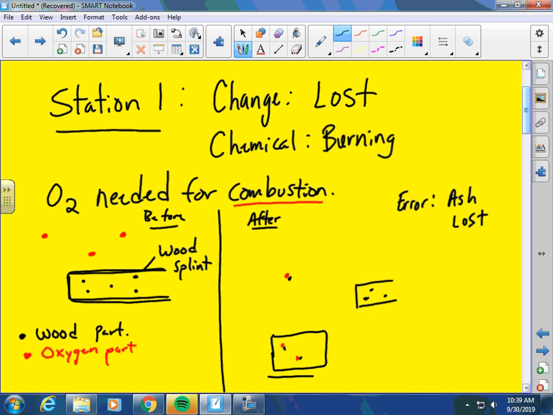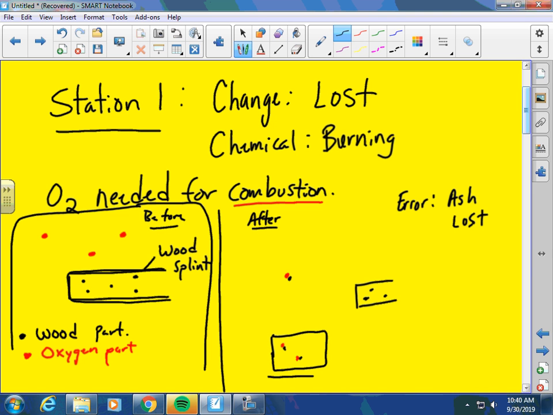All right. But really what we got to consider is that any particles I show in this before picture, I should show them in the after picture as well. All right? Yep, you should be writing all this down. And now we did show a loss, okay?